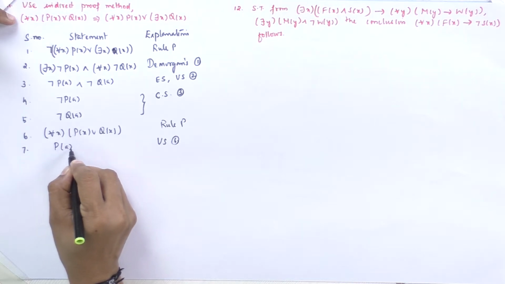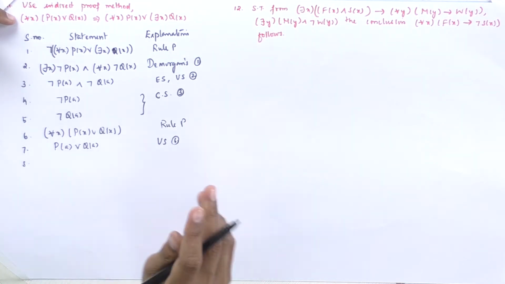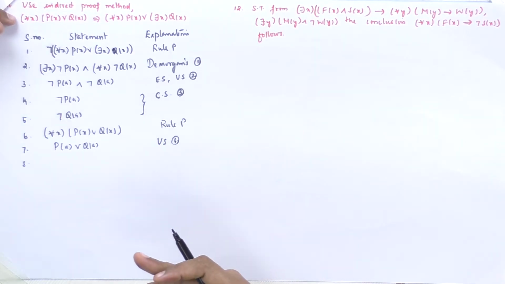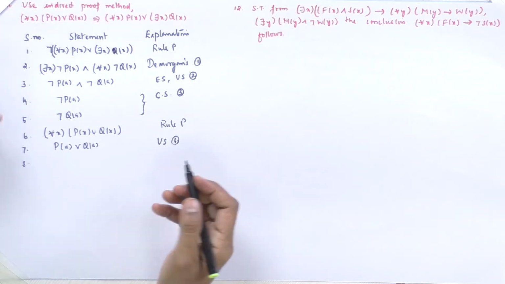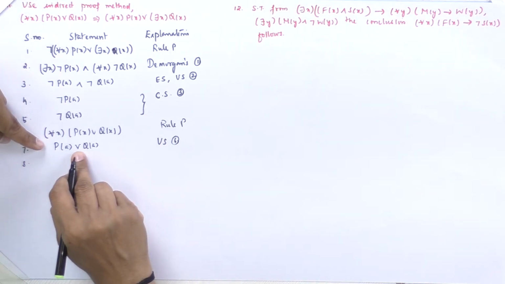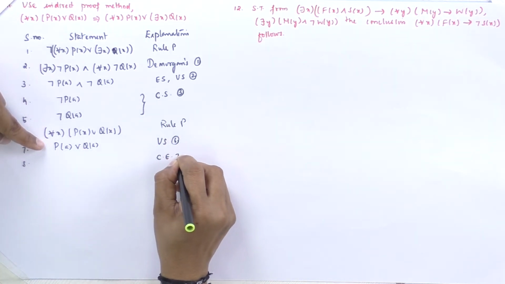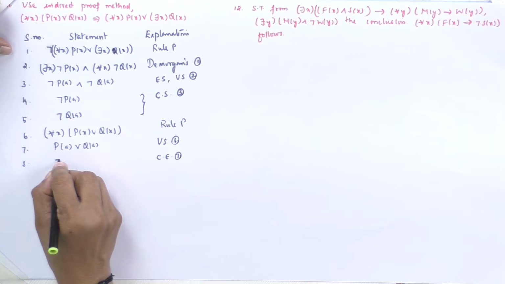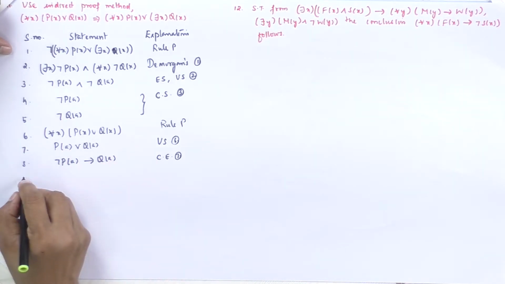So, we get P of A or Q of A. If I have the connective as conditional, it will be better to apply a suitable law, so that I can bring this to a conditional statement. Conditional equivalence on 7, I get not P of A, conditional Q of A.